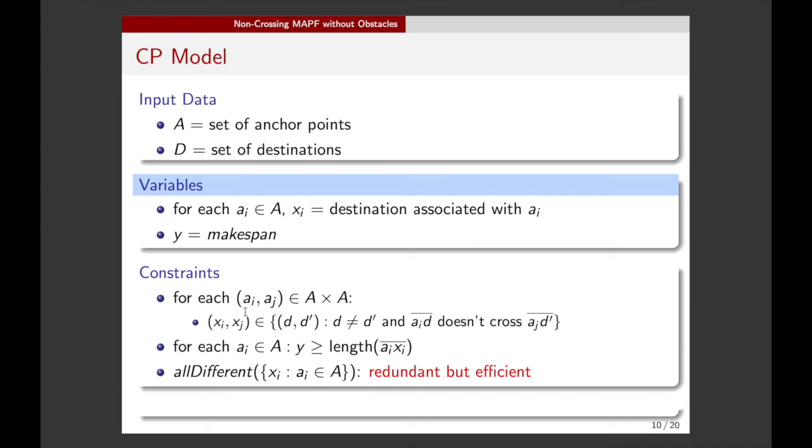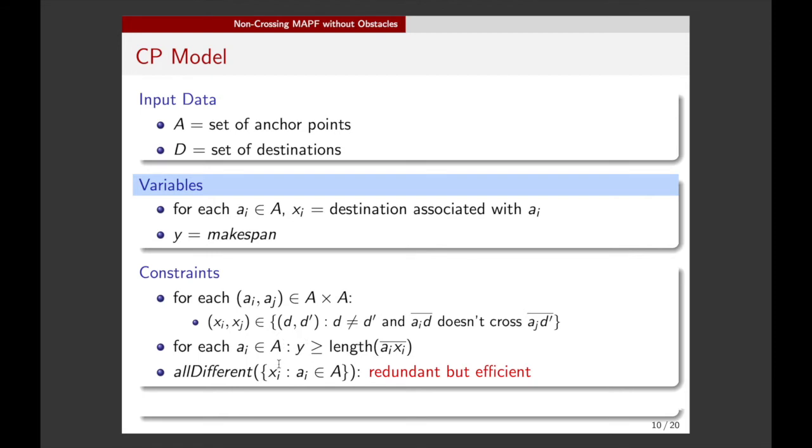Firstly, for each pair of anchor points ai and aj, we post a table constraint on the destination pair xi and xj. That's xi not equal to xj, and the edge ai xi doesn't cross aj xj. Secondly, the length of each selected edge should be less than y.